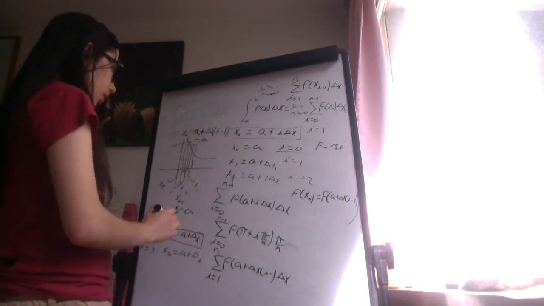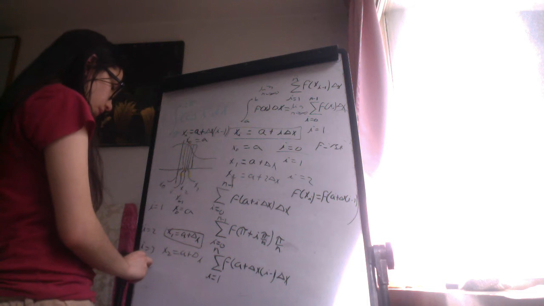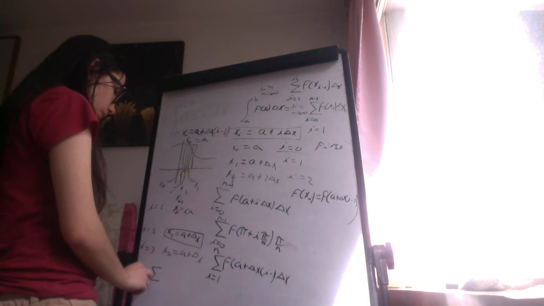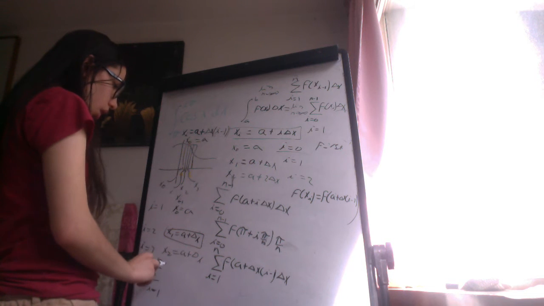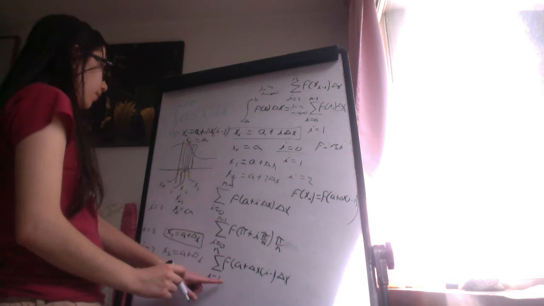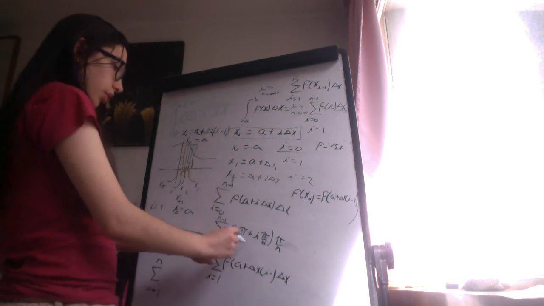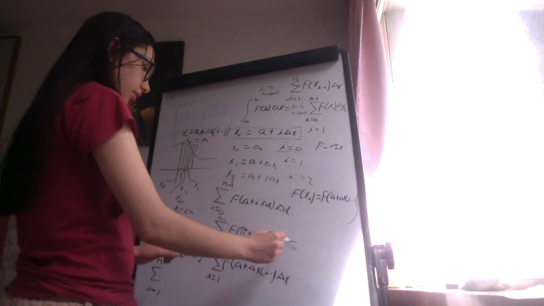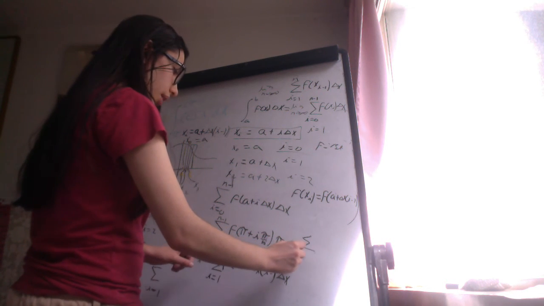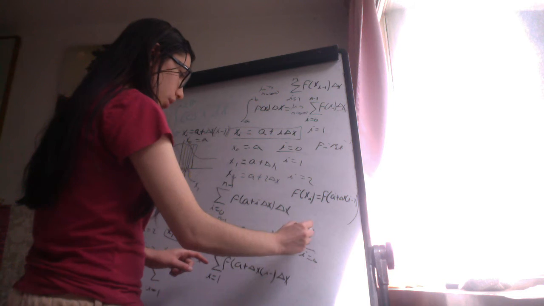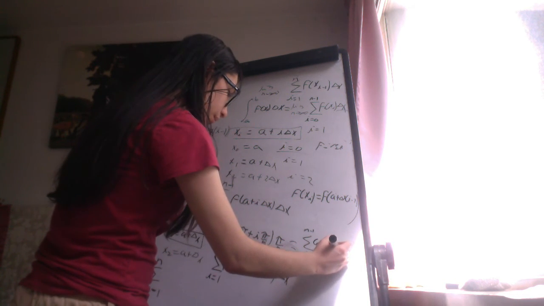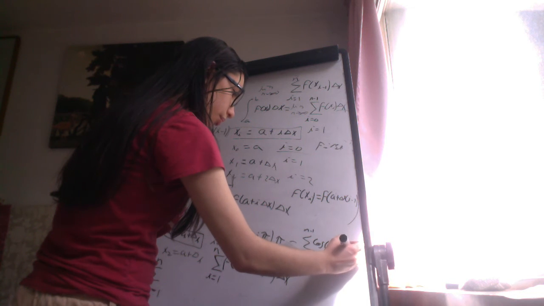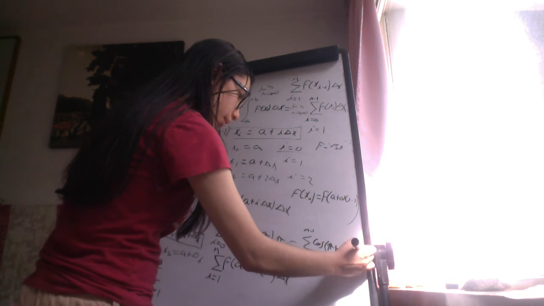Now, putting this in our sample, we have the summation from i equals 1 to n of, what's f? f is cosine. Oh, sorry, here I forgot also to put it as cosine. This is the summation from i equals 0 to n minus 1 of cosine of pi plus i pi over n times pi over n.